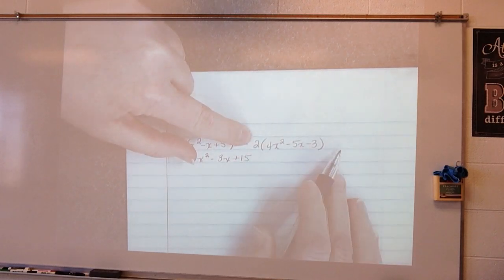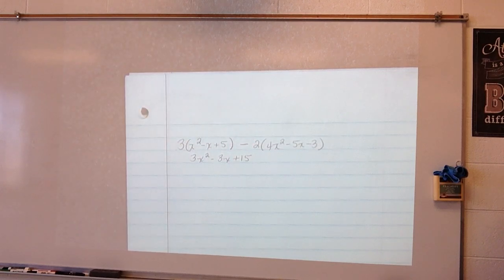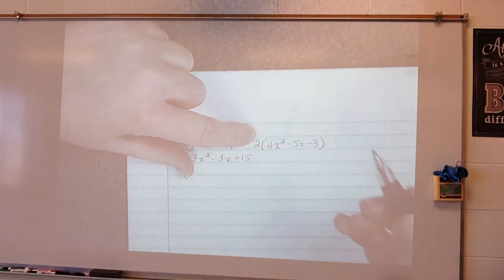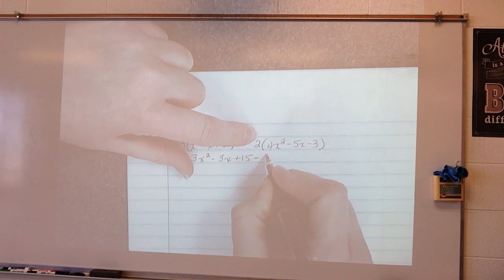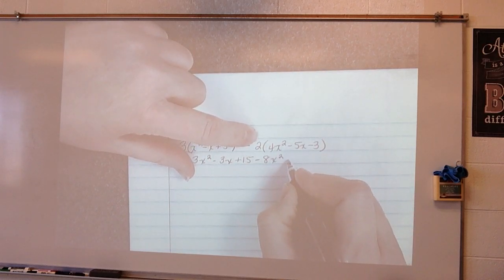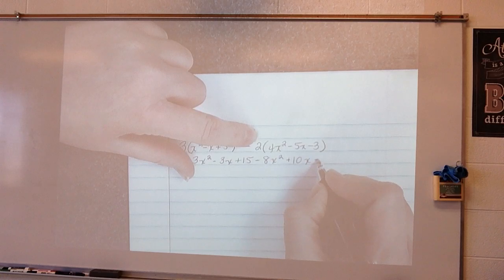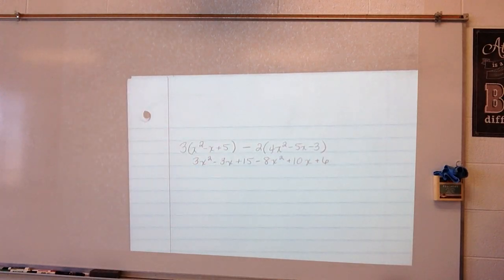I'm going to do the same thing over here, and I'm going to treat this as a negative 2. The reason is it's going to make it a lot simpler. So negative 2 times 4x squared is negative 8x squared. Negative 2 times negative 5x is positive 10x. And then negative 2 times negative 3 is positive 6.